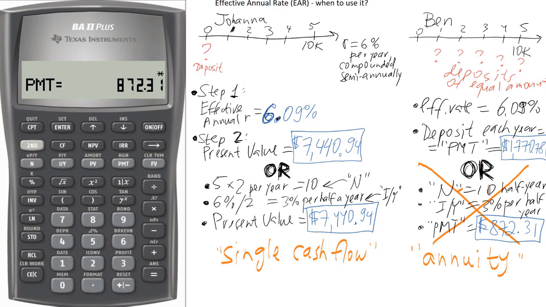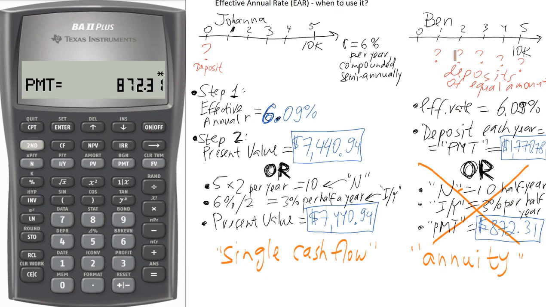Or at least you were trying to solve it differently like we did for Joanna, and it didn't work. When you told the calculator that N is 10, IY is 3%, and you asked to solve for payment, the deposit amount, the way the calculator understood you is that the deposit is also occurring every half a year. And so you notice how the difference between our two solutions is roughly double, right? That's exactly what happened. But that's not what's going on with Ben's investment, right?